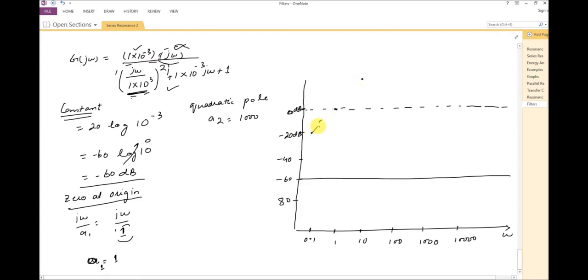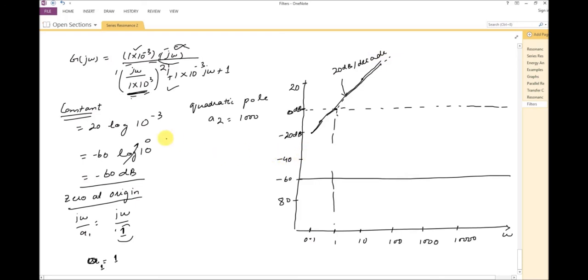So it will be this straight line, which is crossing the 0 dB line at 1. This is your 20 dB per decade line.